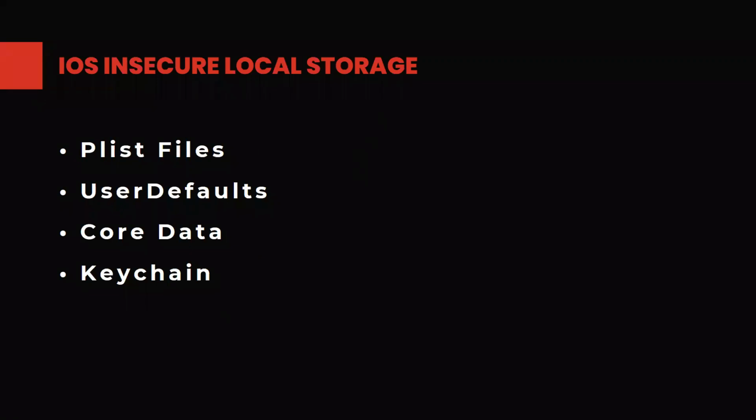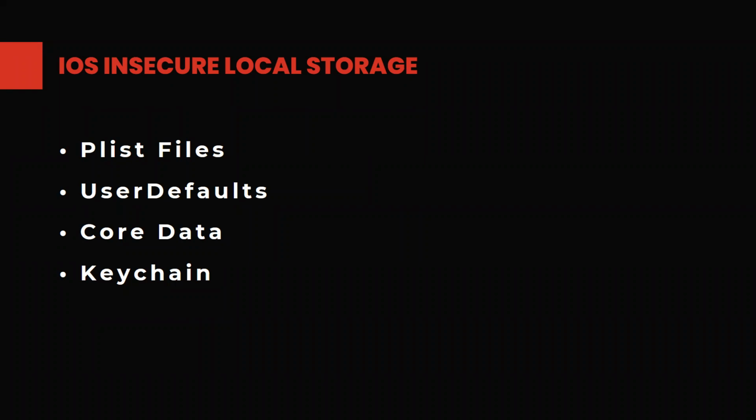Now, one of those local storage techniques: plist files are something like XML files. You can use NSUserDefaults similarly. These are all Apple's proprietary ways of storing data, but not in a secure way.